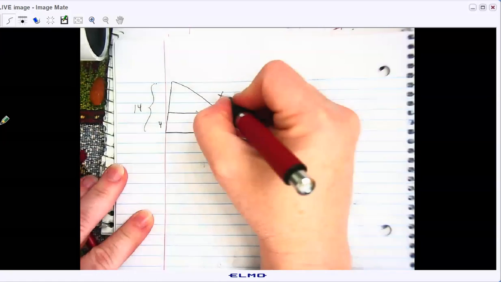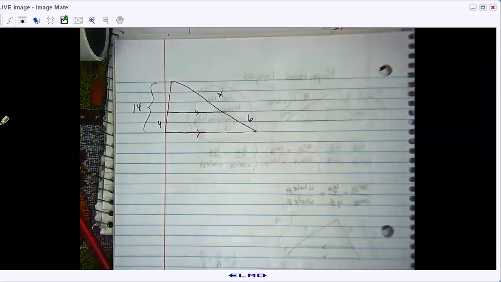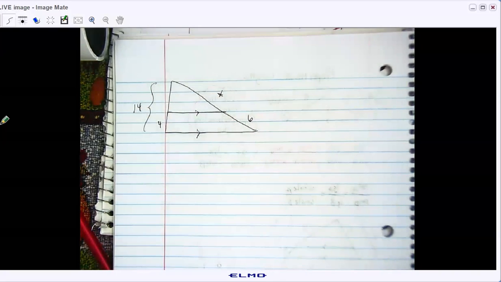So what I want you to do is write down a proportion, an equation that you think we could use to solve for x, and then put done in the chat box. Write down how you think we could solve for x.